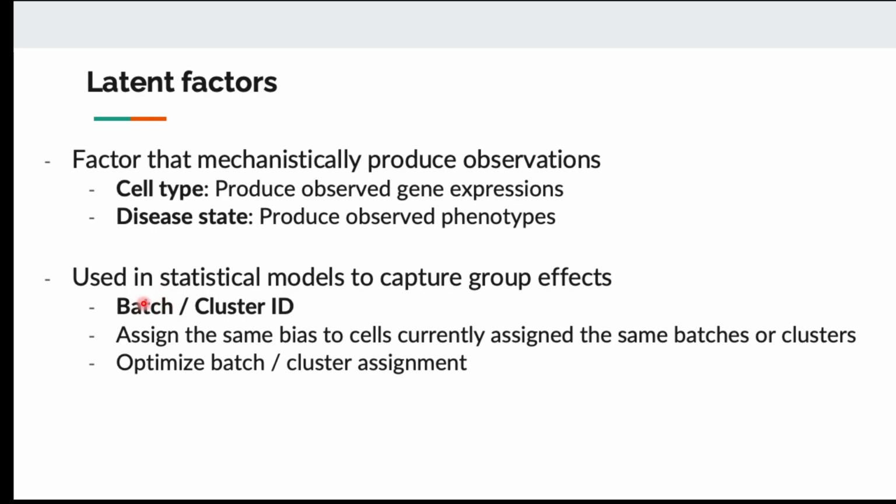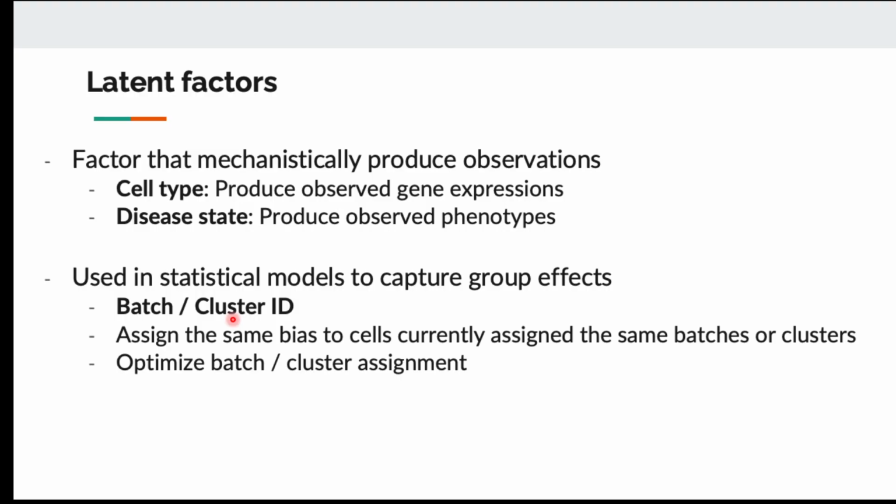If we know which batch each sample corresponds to, we can calculate the batch effect for each batch. If we don't know, then we have no idea how to calculate the batch effect. If we group cells into clusters and we know the cluster ID, we have some expectation that cells in the same cluster should have a similar gene expression profile.